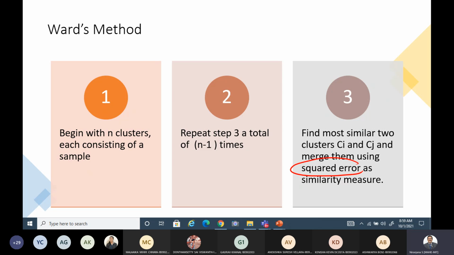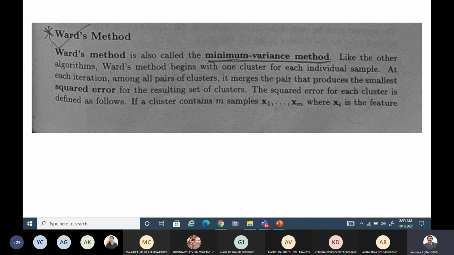Instead of cluster distance, they have taken error as the information to merge. The square of the error is taken as a measure here. That is defined by a research team and they referred to their algorithm with the method. So let us try to understand the method. It is also called the minimum variance method. You will understand why they call it like that.